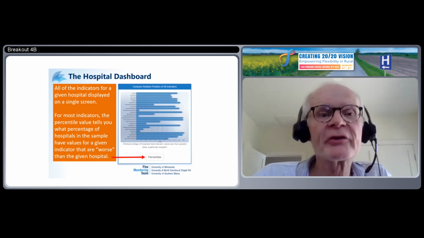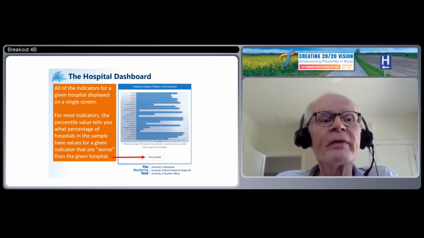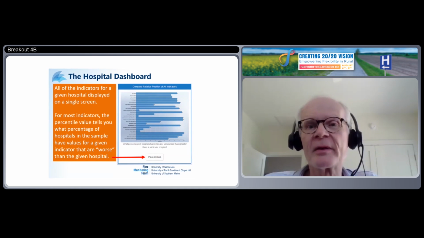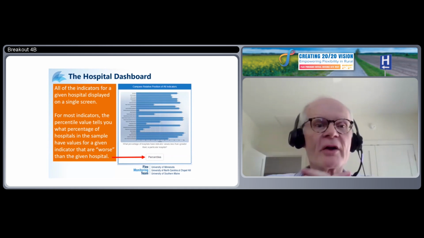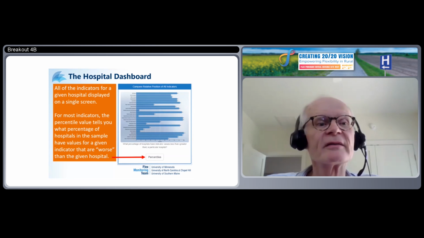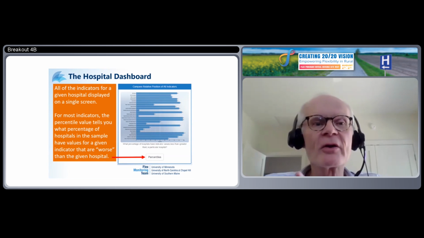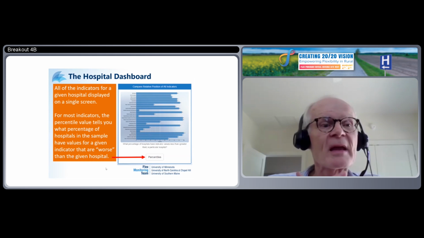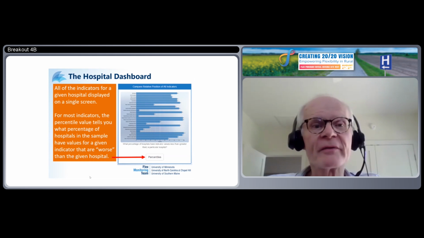The hospital dashboard shows all the indicators for one hospital on a single screen. So if you want to get the total view of the hospital, this allows you to see everything all at once. And it tells you the percentile. So what it does is it tells you how many other hospitals in the state the hospital is performing better than, or worse than, if you like.